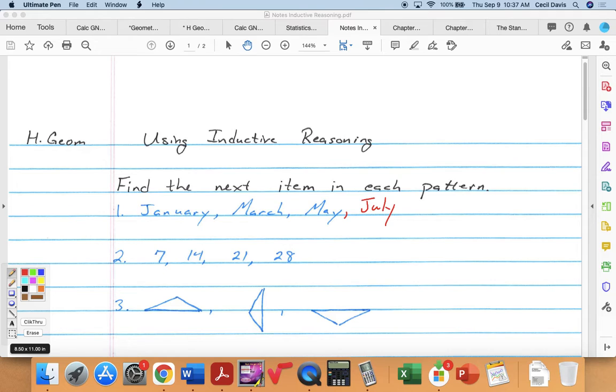All right, how about this number pattern? 7, 14, 21, 28, 35. And then this pattern of triangles. This one points up, that one points to the left, and this one points down. So pointing to the right might be what's next.